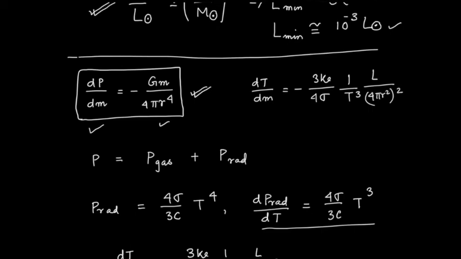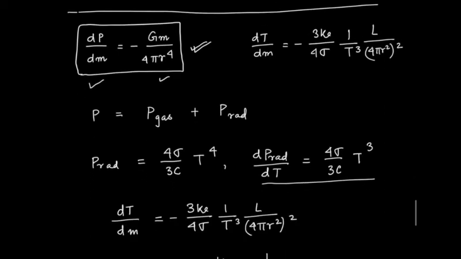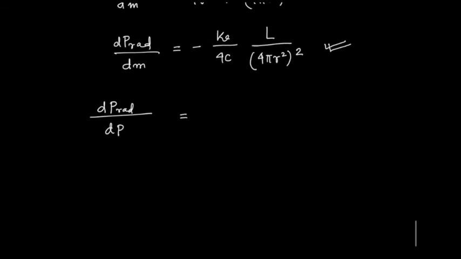If these two balance, then neither the expansion nor the collapse happens, and the star remains as it is. So dP/dm, I divide that with dP radiation/dm. What you will get is kappa L, and then, remember, this is total pressure.